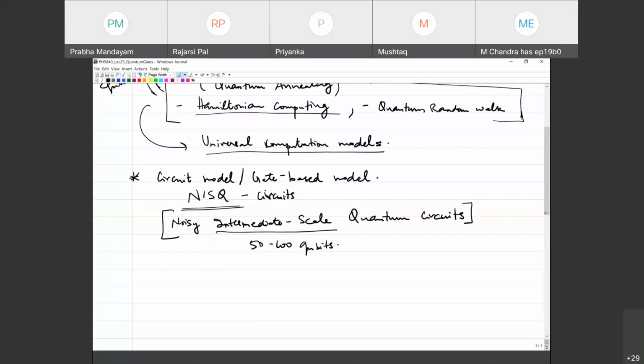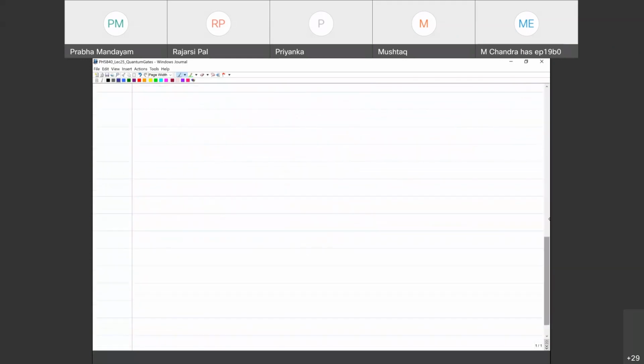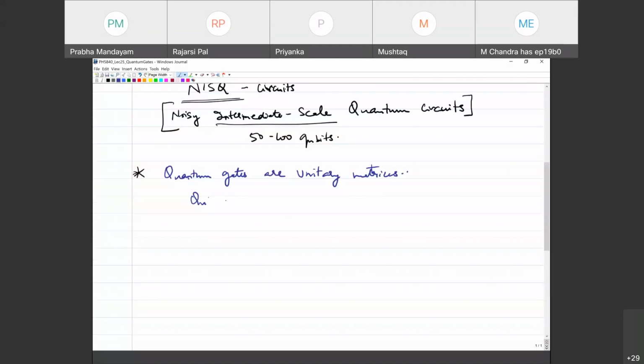Okay. So what are quantum gates? We already know what they are. Quantum gates, as we know, are essentially unitary matrices, right? So if I just restrict my attention to qubits, then qubits belong to, as you know, C2.